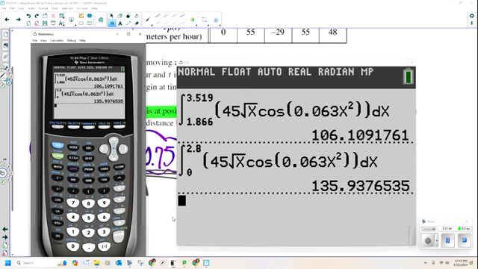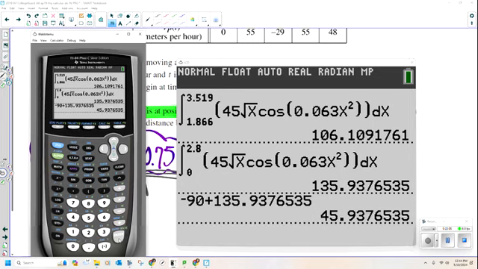Don't use this. We weren't at position 0. If we were at position 0, it would have moved to the right, because it's positive, about 136 meters. But we were at -90, and we moved 135.93. So we got to add that to -90. So at 2.8 seconds, we're not at 135.9.